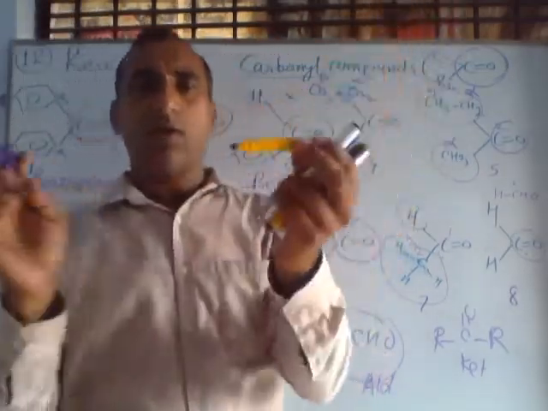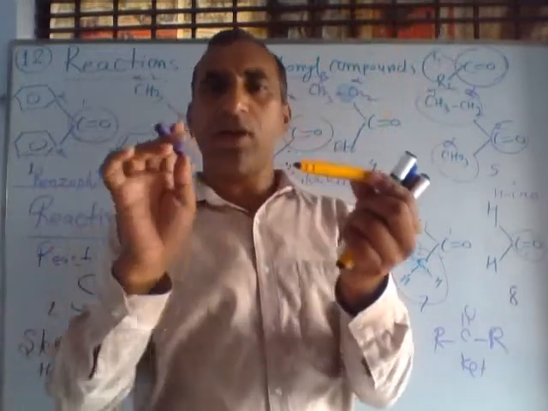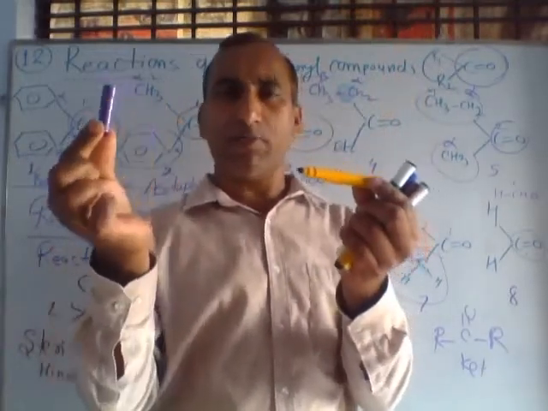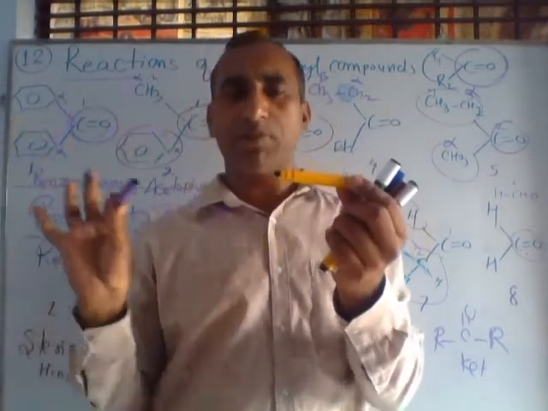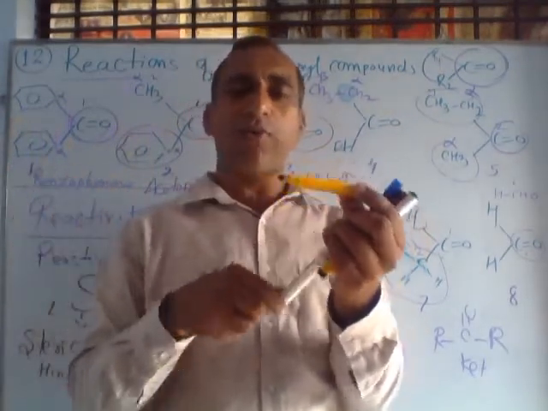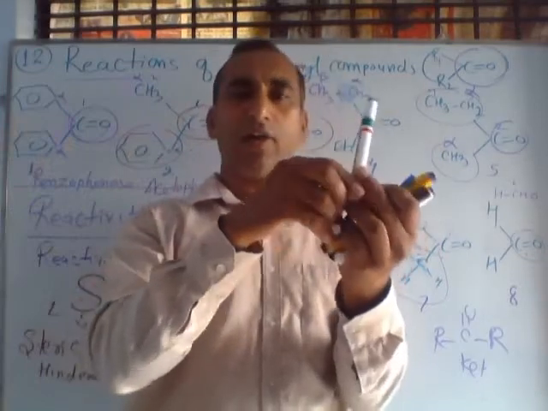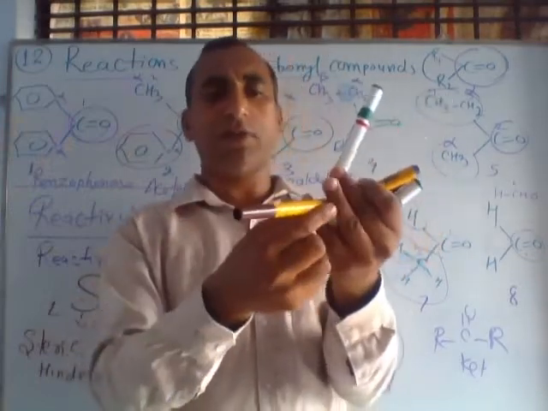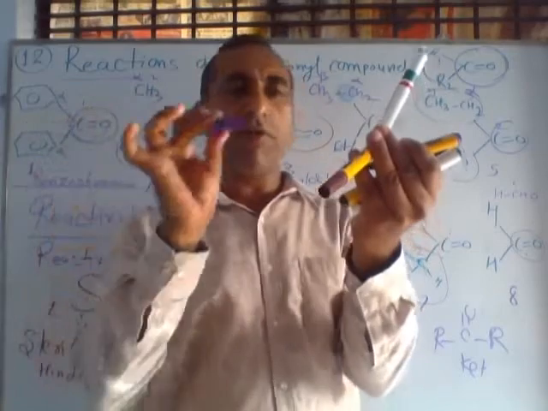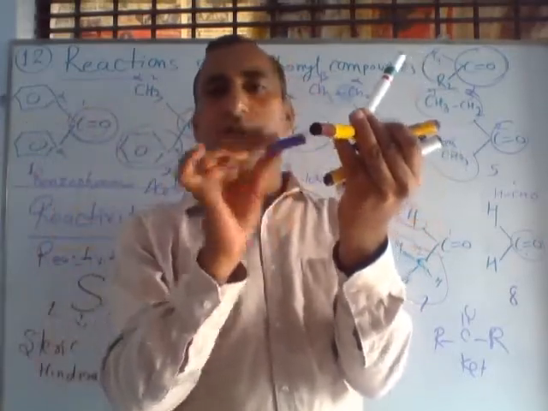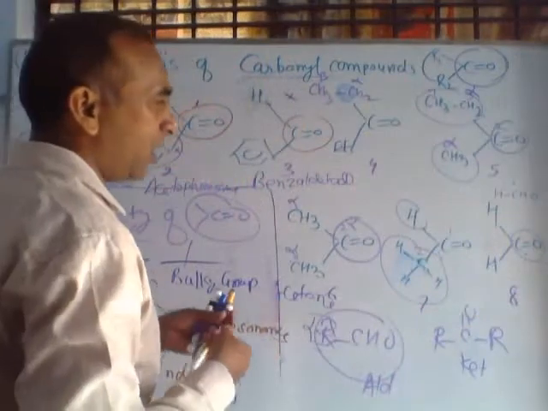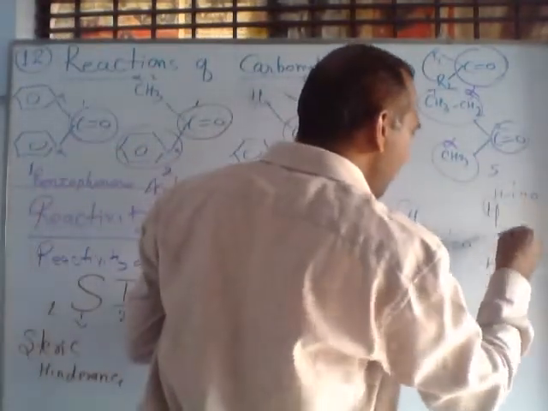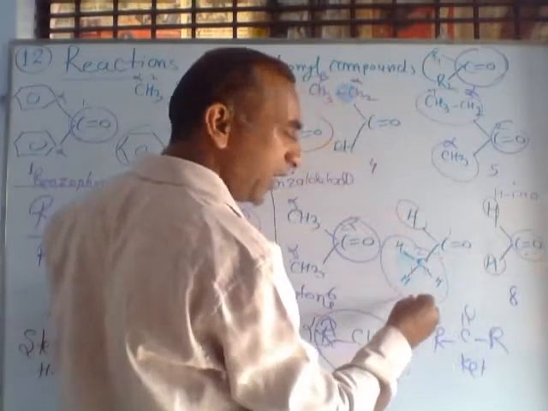Suppose this is the carbonyl compound and this is a nucleophile, meaning the attacking species. This nucleophile wants to attack this compound. If there are so many groups connected around it, the attack on this compound will be difficult because all these groups repel it. You can observe that hydrogen is very small in size, but CH3 is much larger.